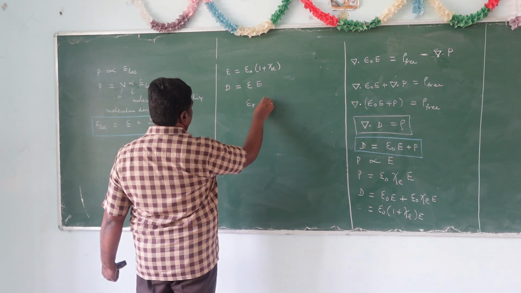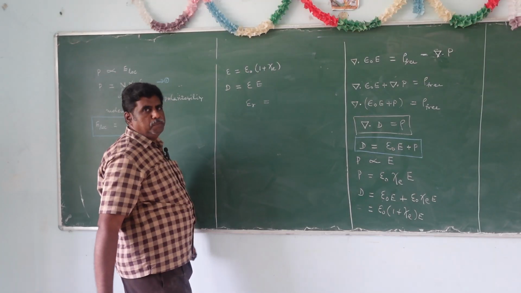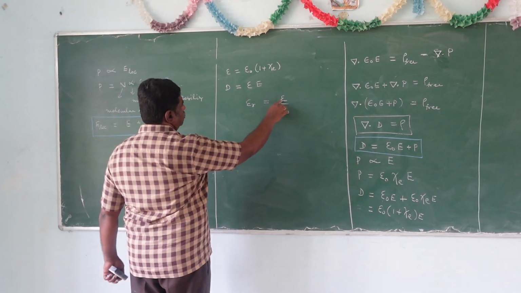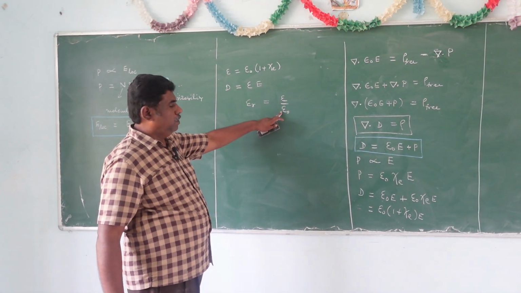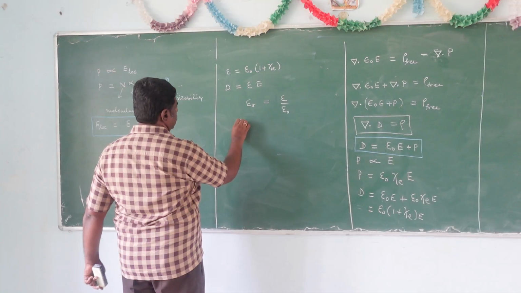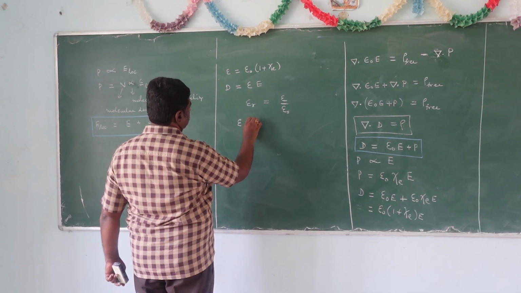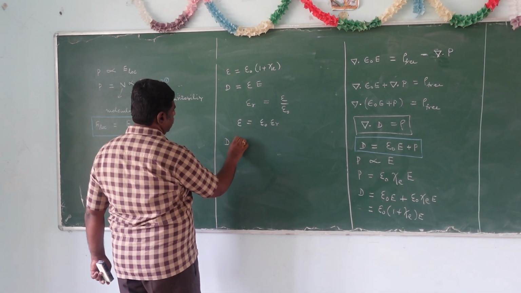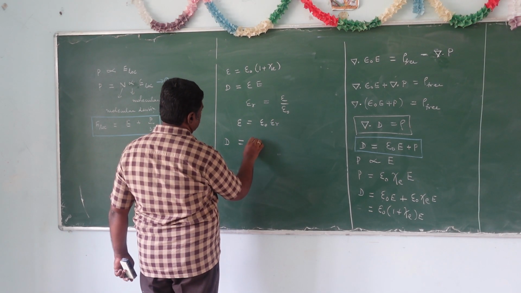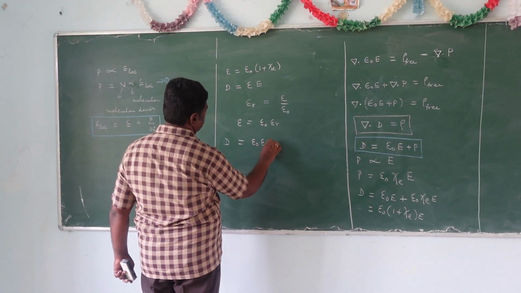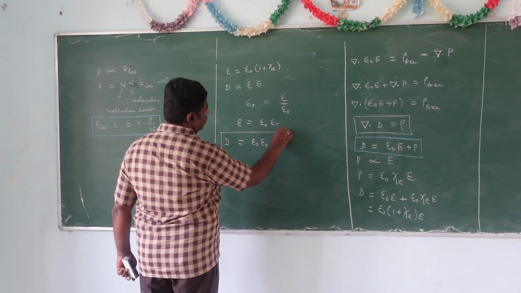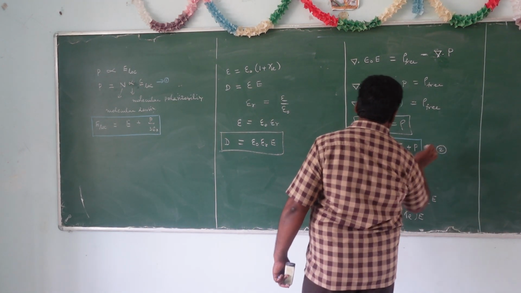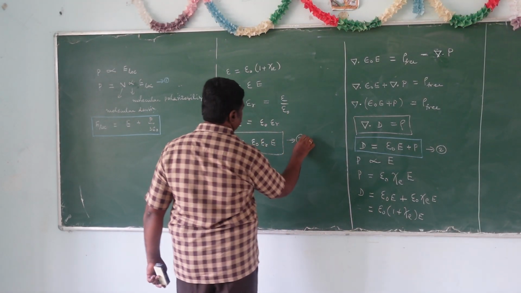We know the dielectric constant or relative permittivity epsilon r is equal to epsilon divided by epsilon naught. This is the permittivity of the medium divided by the permittivity of free space. Now, epsilon equal to epsilon naught epsilon r. Now, we can write D equal to epsilon naught epsilon r into E. Say this is equation 2, this is equation 3.